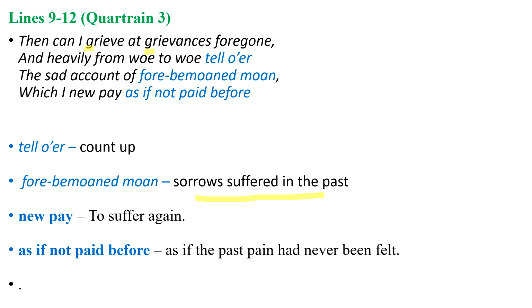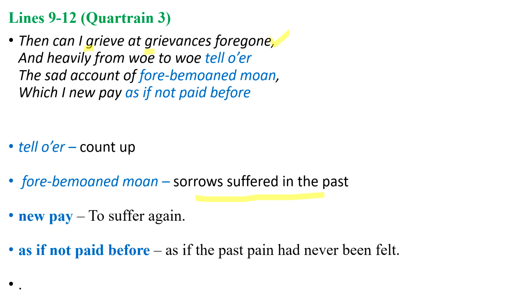Foregone means past, earlier actions or past things. So here the poet talks about reliving old pains as though they are new, and heavily from woe to woe, tell over. He mourns again the sorrows he had already cried over and feels as though he is paying an emotional debt all over again.